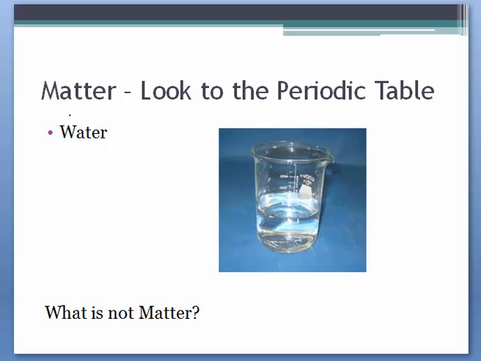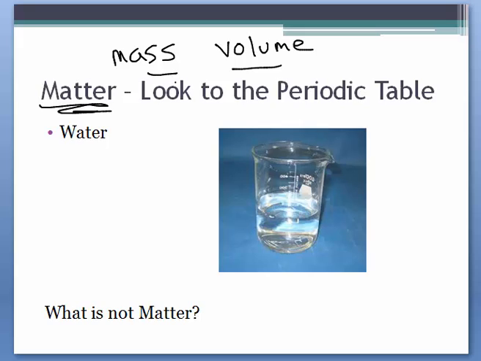First of all, we want to talk about what matter is, and we've talked about this a little bit in class, and we defined matter as anything that has mass and takes up volume. So, when we talk about things that are considered matter that do these two things, we're basically talking about the elements that are located on the periodic table.